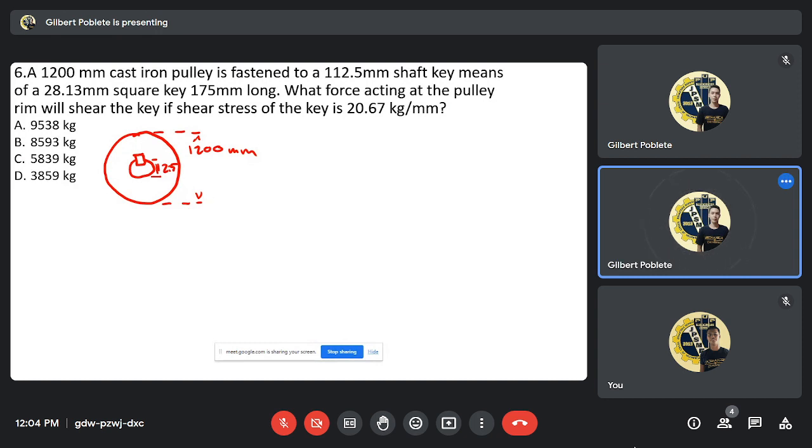Okay, tapos meron tayong given sa key. Dito na lang. Key.